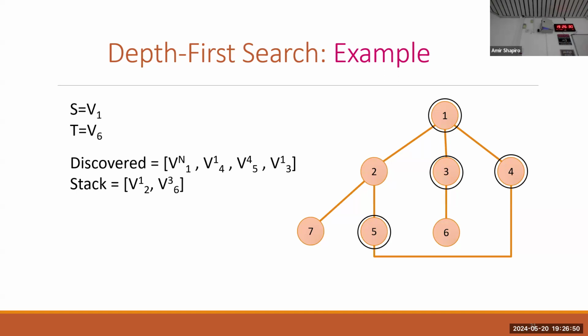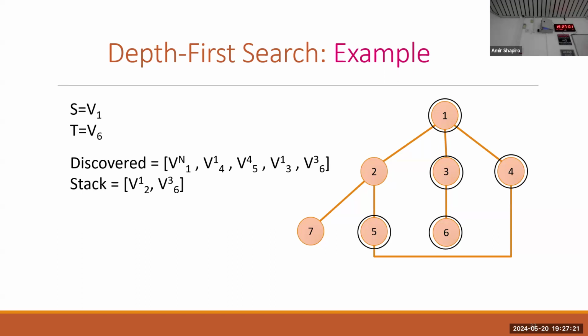And then from 3, we see 6. So we add 6 with back pointer to 3. And now the next stage, we will pop the right one from the stack. So we'll take it, and when it is discovered, it will be the end. You see, we found the last one is the target, and that's it.